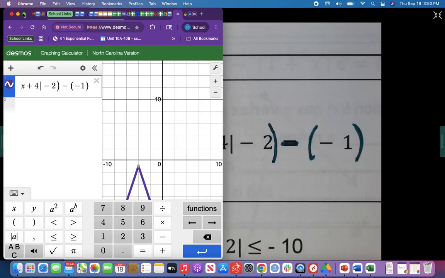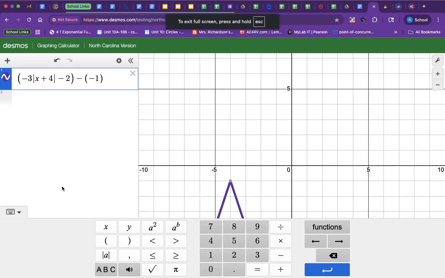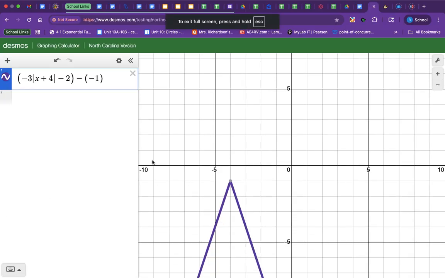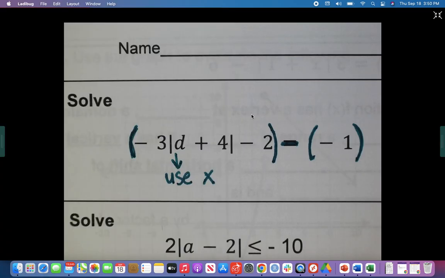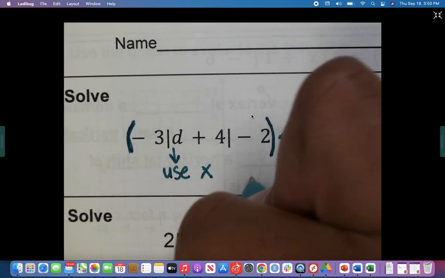So for this one, does this graph cross or touch the x-axis? No, it does not. So remember, it has to cross or touch the x-axis in order to have a solution. This one does not, so this one would be no solution. So no solution for this one.